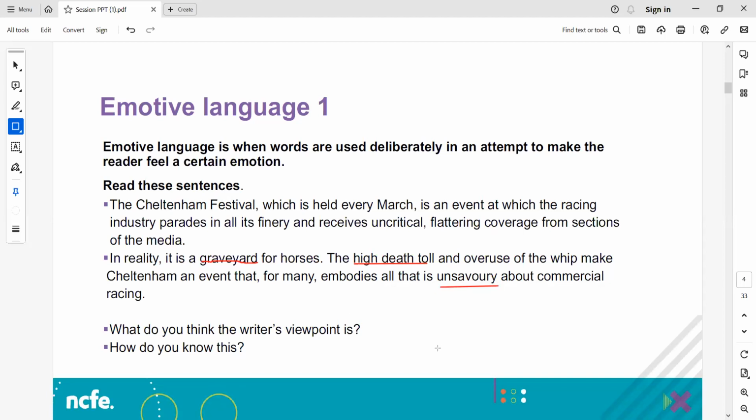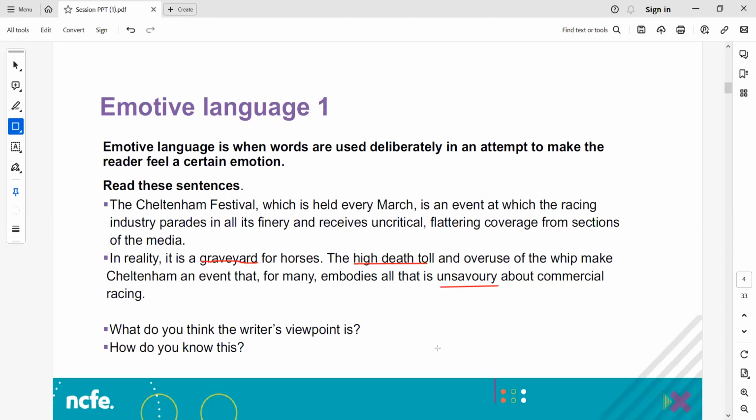Okay, so the use of those words, it's a graveyard for horses, a high death toll, unsavoury. Is this writer, do they think the Cheltenham Festival is good or bad? Bad, yes. So they're trying to make us think it's bad as well by using that vocabulary.